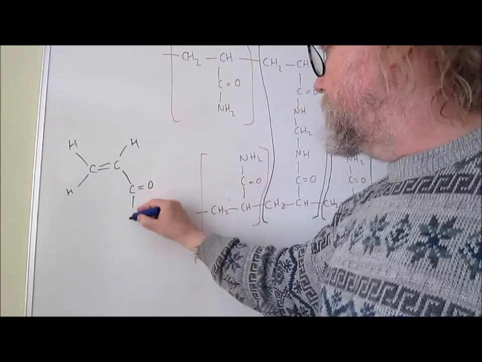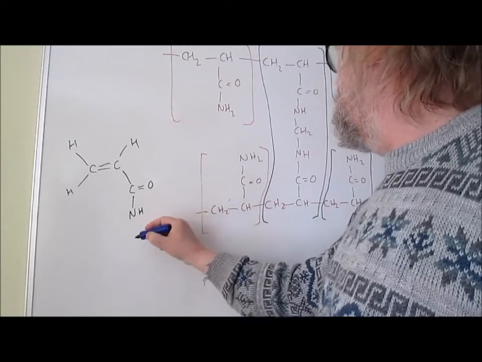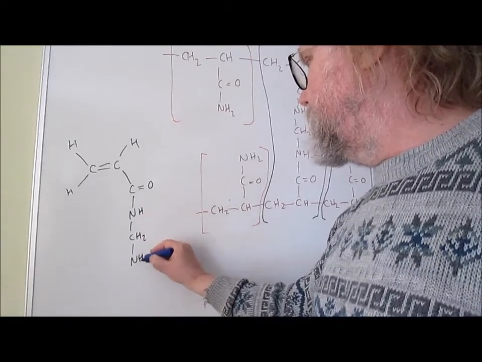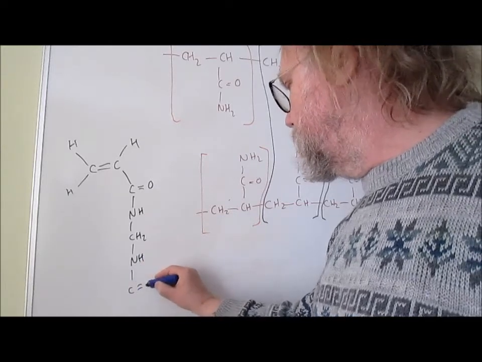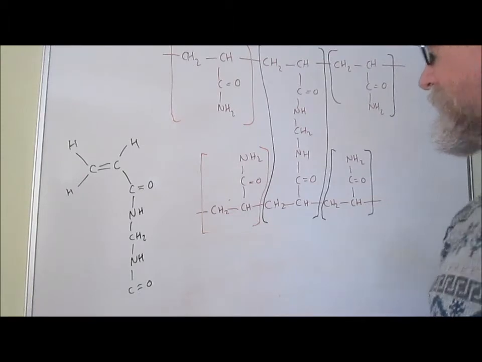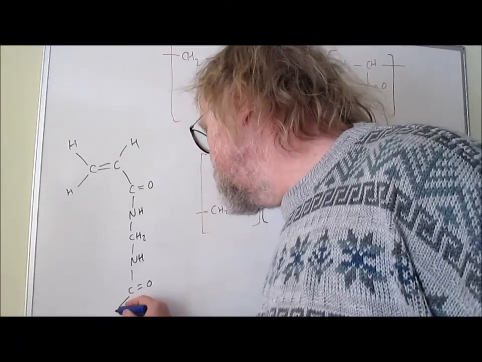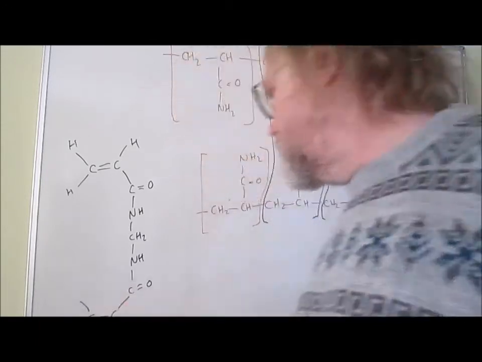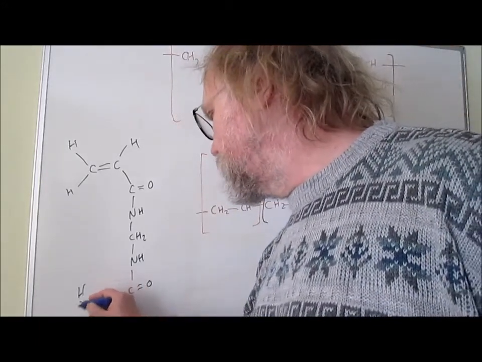So we have CO, NH, CH2, and then sort of mirroring that NH, CO, and then we're back to another alkene group, and so we can draw that in like that and stick the hydrogens on the end of it.